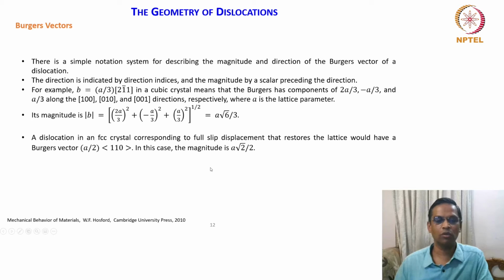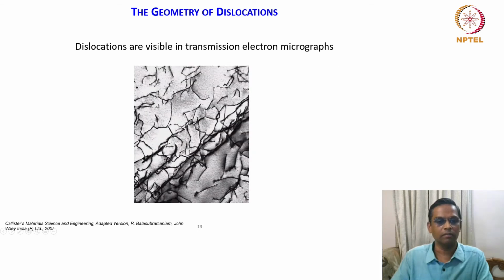What is mentioned in this point is, suppose an FCC crystal has got a slip displacement. It has slipped. To restore that slip region, the Burgers vector has to move this amount in this direction. Okay, that's what it says.